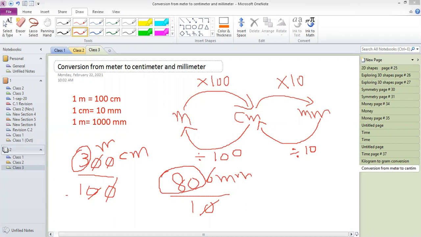From meter to centimeter, you multiply by 100. From centimeter to millimeter, you multiply by 10. If the value is in millimeter and you want centimeter, you divide by 10. Clear, guys? I will give you more examples.